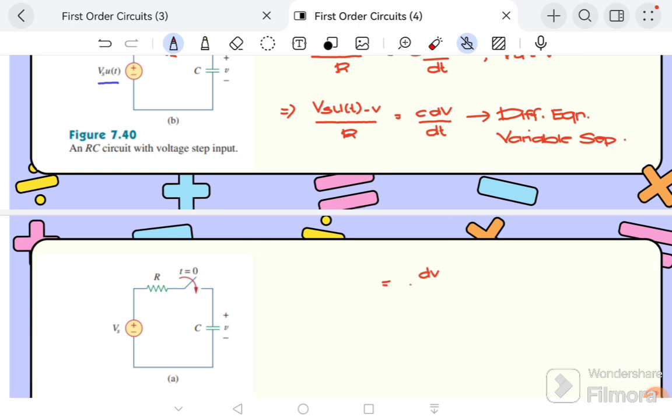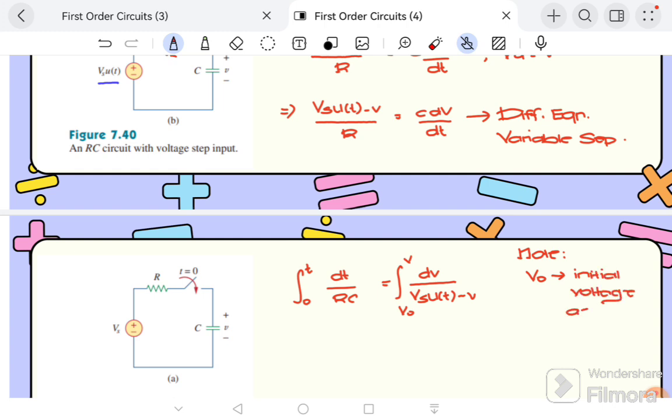We have dv over (Vs u of t minus v) equals dt over RC, integrating from 0 to t for the time, and from V sub O to v for the voltage. Take note, what is V sub O? This V sub O is our initial voltage across the capacitor.